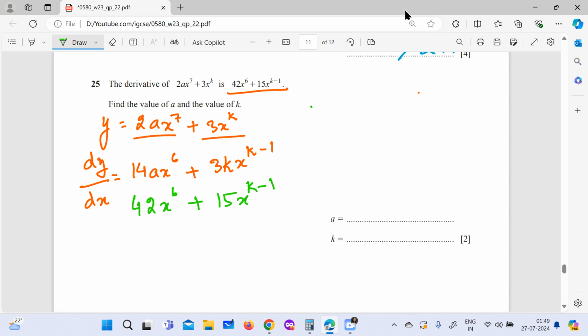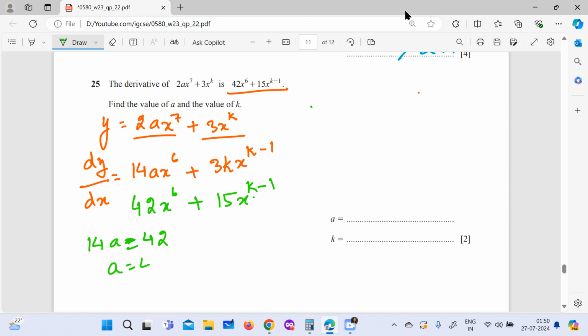Okay, so from here, because this is also the derivative of this function and this is also the derivative of the same function, these have to be equal, right? So we can write 14a equals 42.